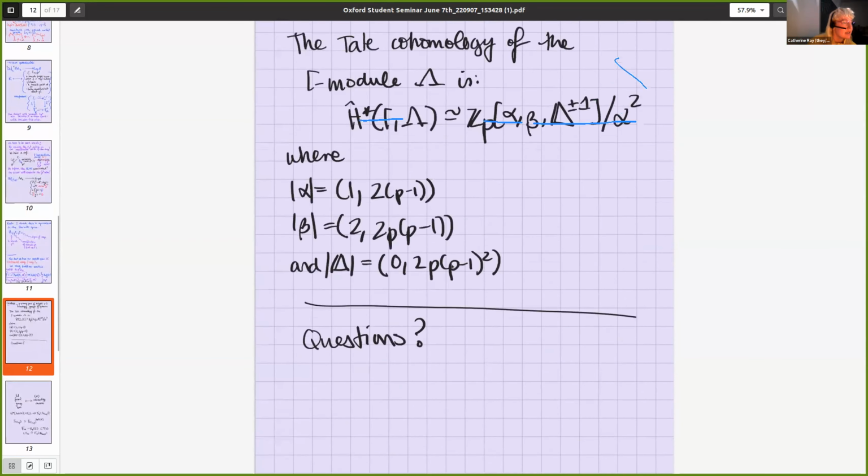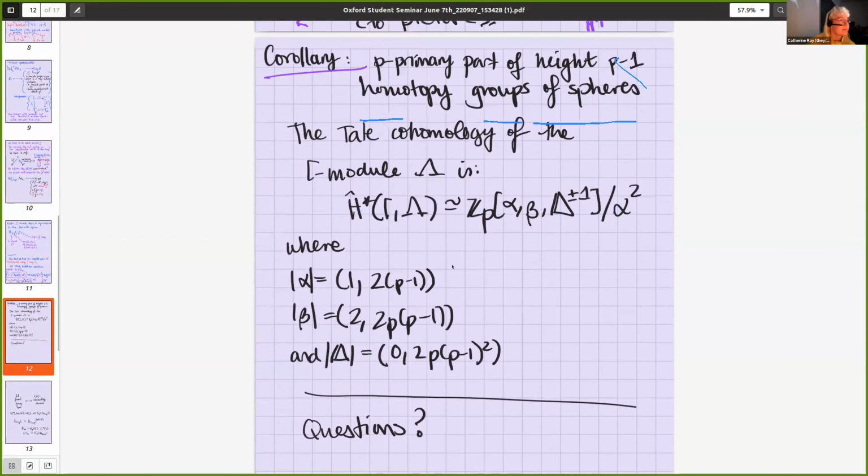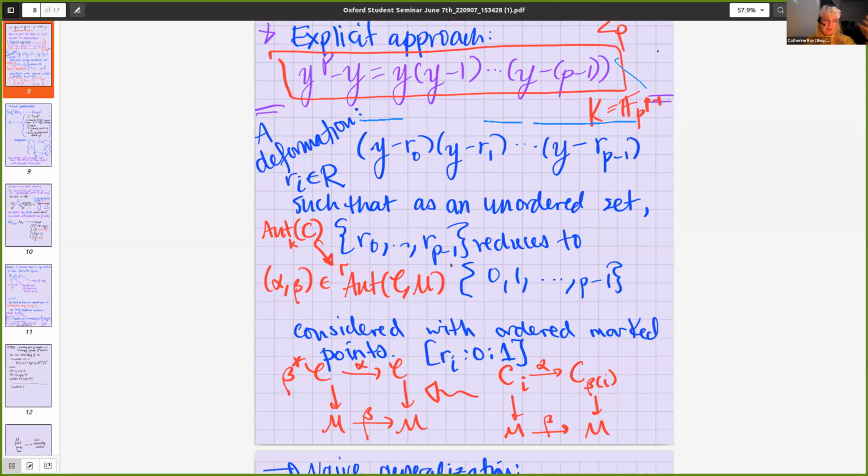It turns out that the deformation space of these Z mod p curves, as I mentioned, is equivalent to the deformation space of just p points on P1.